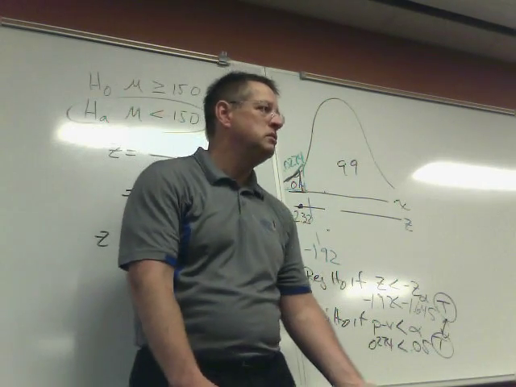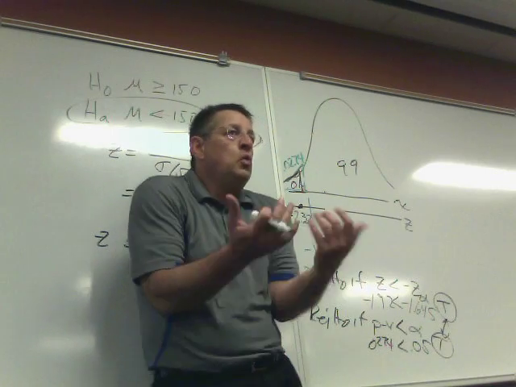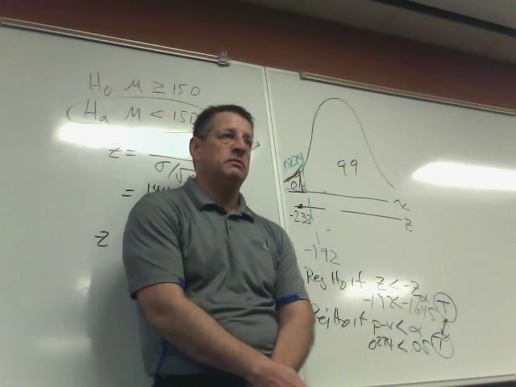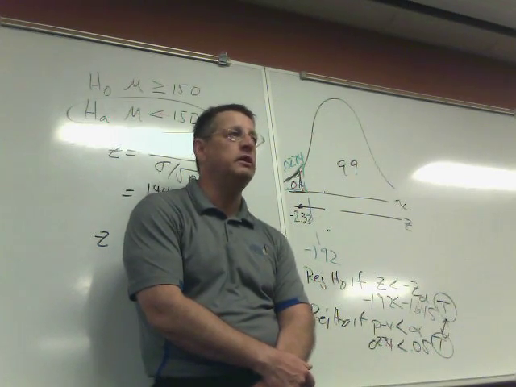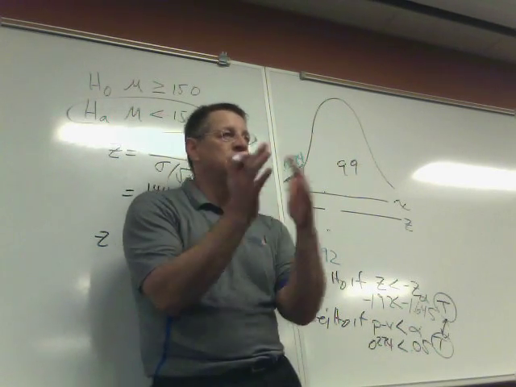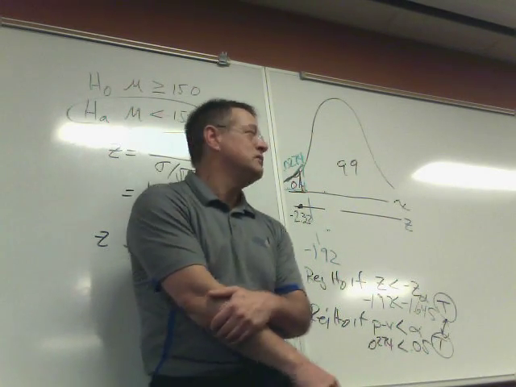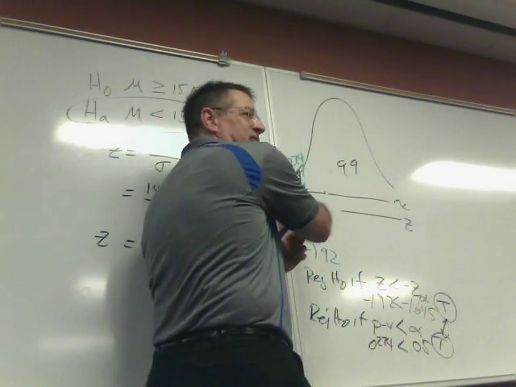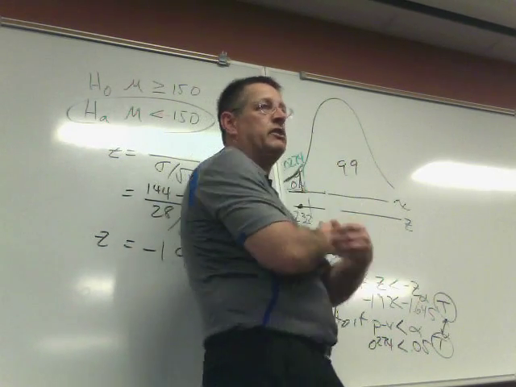What changed? Not our data, not our calculations, the ruler against which we measured. We changed it from an alpha of 0.05 to an alpha of 0.01. We basically changed the comparison, but the data stayed the same. We moved this line from here into here, and the critical value from inside to outside our test statistic.